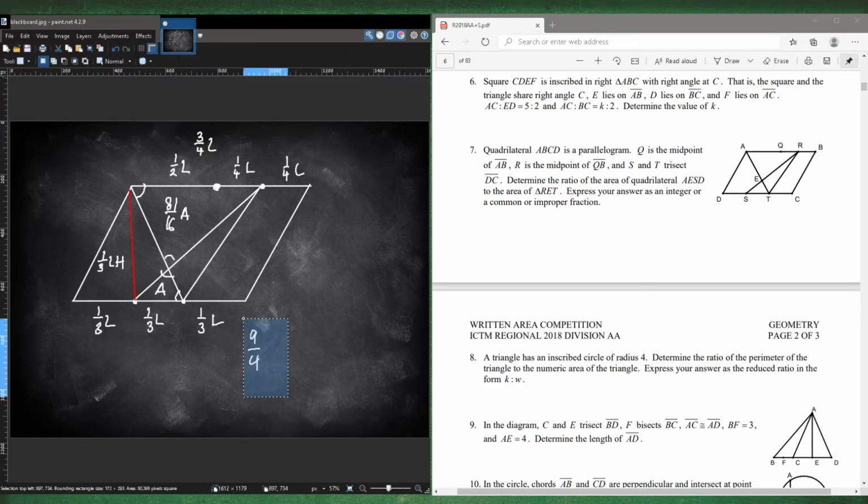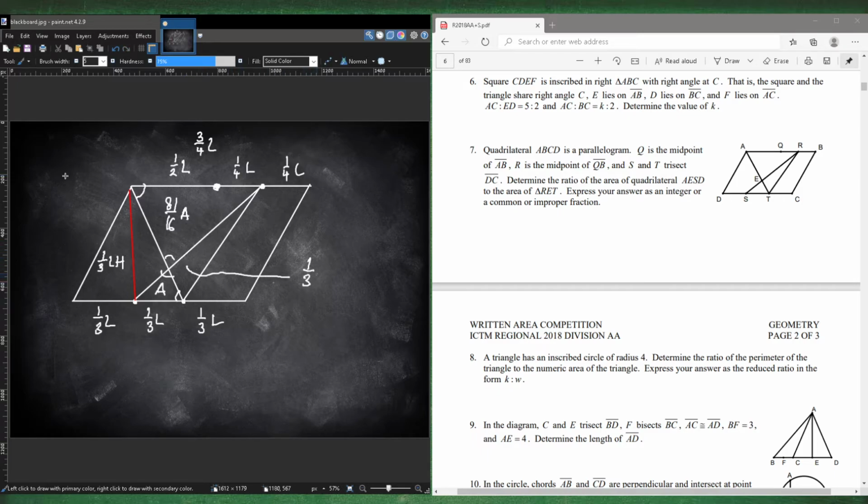So now we know that this area is 1/3 LH. It's kind of hard to write, so I'll just write it outside. 1/3 LH minus A. And this is also 1/3 LH minus A. And now we could think about this again.